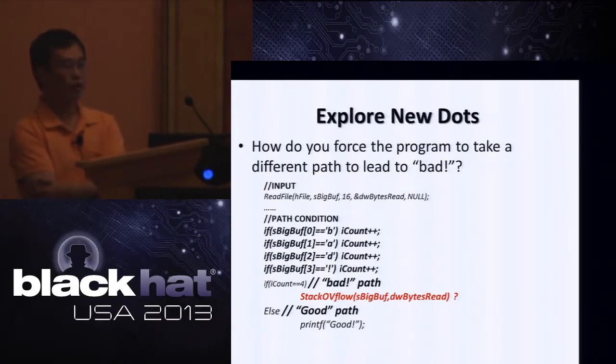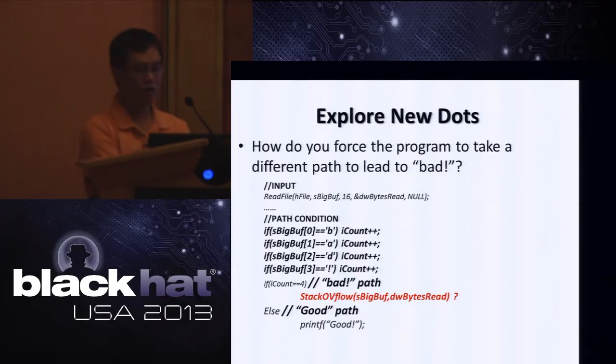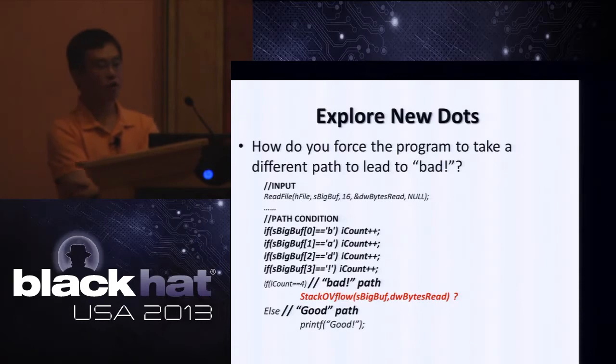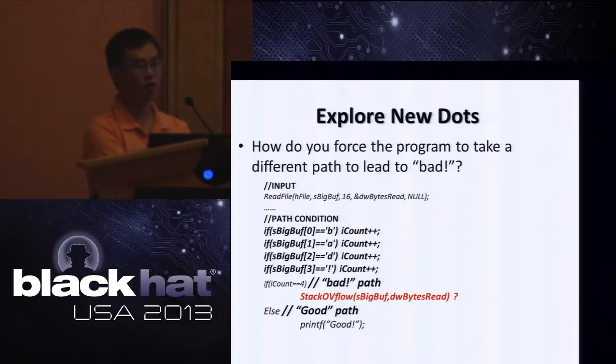Many times, I think people have the experience: you try many times, and you see the program always follows the same path. You wonder, have you tried hard enough, or is the path just infeasible? It's not possible. Maybe you need a new, better way to answer the question.